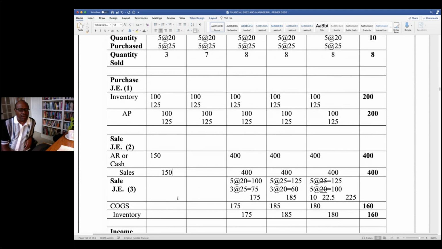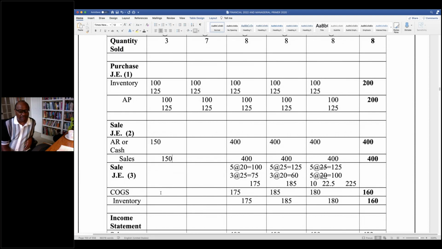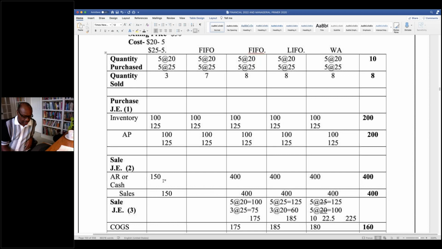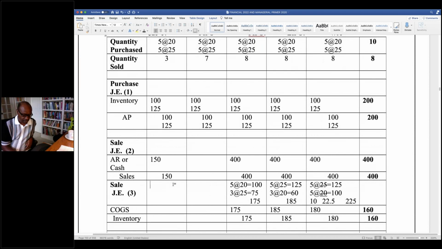Okay. What's our cost of goods sold going to be? We're doing FIFO, so we're going to have what? Are we going back to our little calculations on the FIFO? What's going to be in this box? It would be 60.